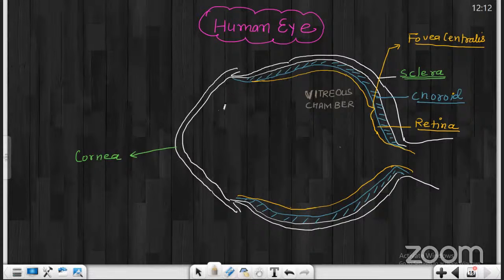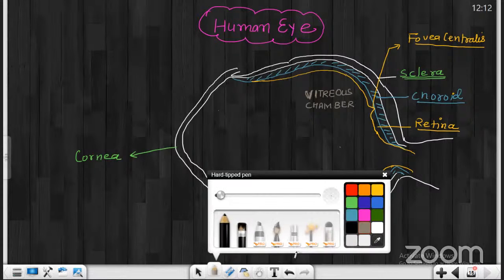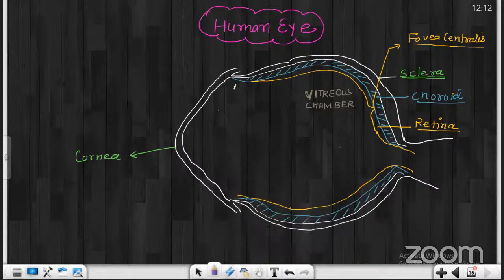And now we'll study this particular part. Ciliary body बनाते हैं पहले, ciliary body. So we'll draw the ciliary body here. Ciliary body, see this part. So from this particular region, you will find this kind of structure.